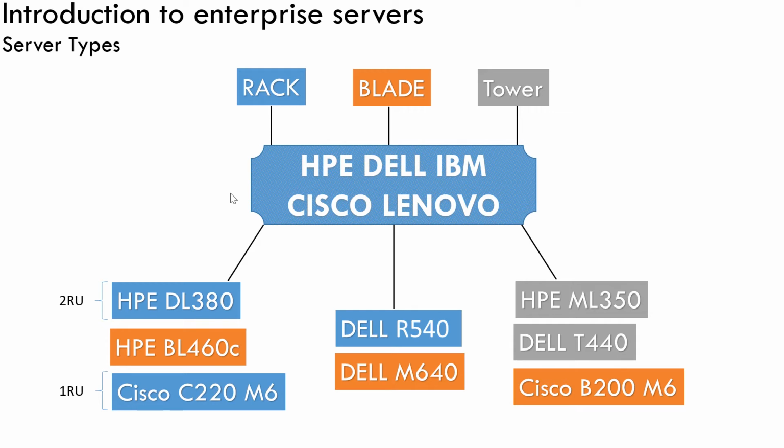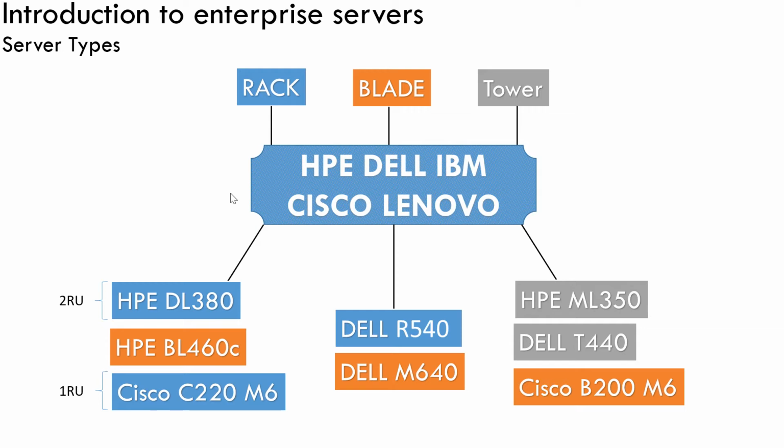As we know, the most popular vendors for server hardware are, number one, HPE, Hewlett Packard Enterprise, then Dell, IBM, Cisco, and Lenovo. For rack-mounted servers in HPE, we have the HPE DL380 Gen 7, Gen 8, Gen 9, and Gen 10.